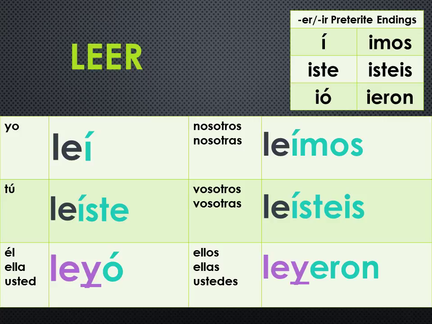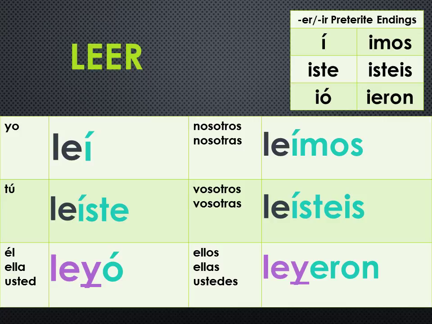Okay. Then in the él, ella, usted form, we have the le is the same, but then the I from the preterite ending of yo changes to a y. Okay. Same thing happens for the ellos, ellas, ustedes form. The I will change to a y in the ending. Okay.